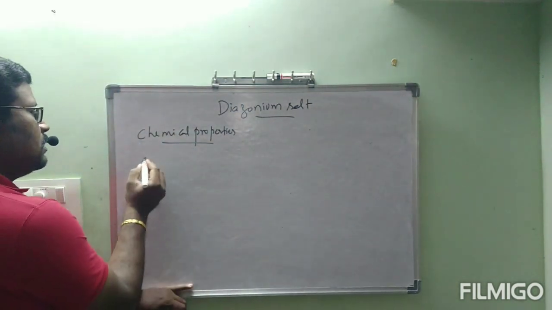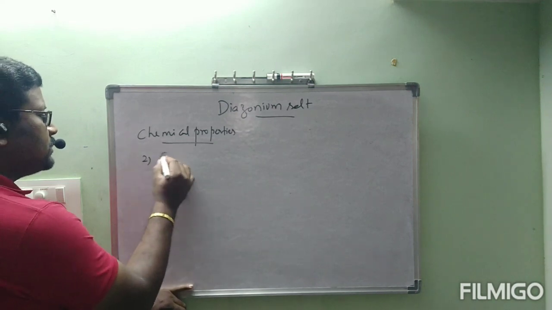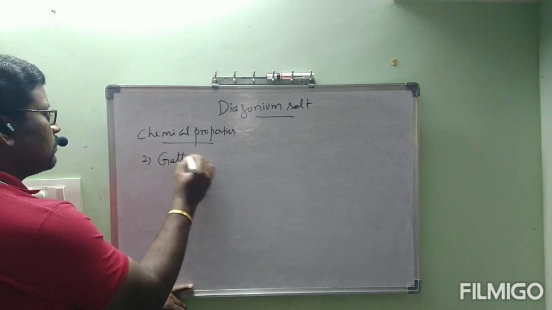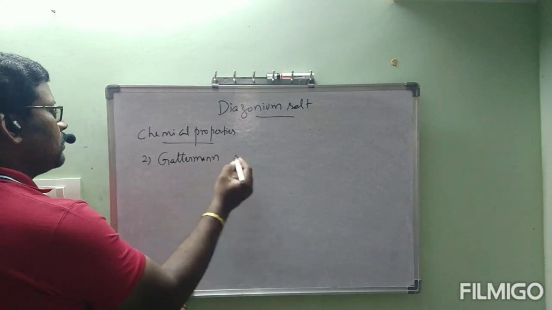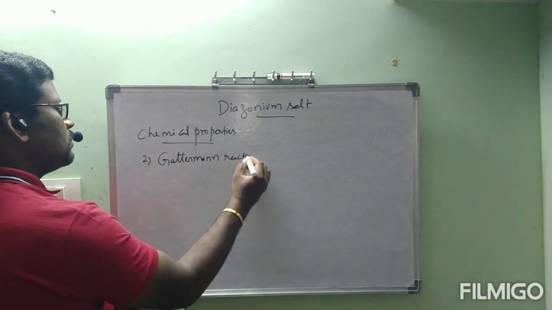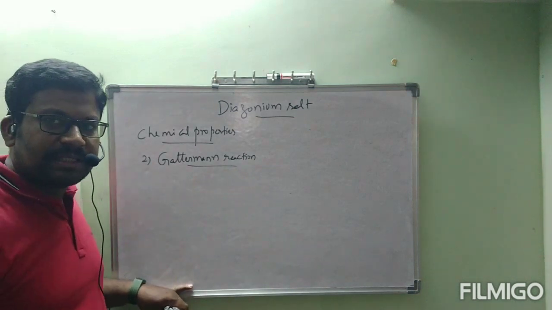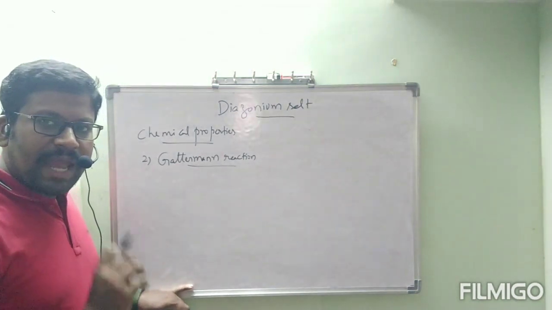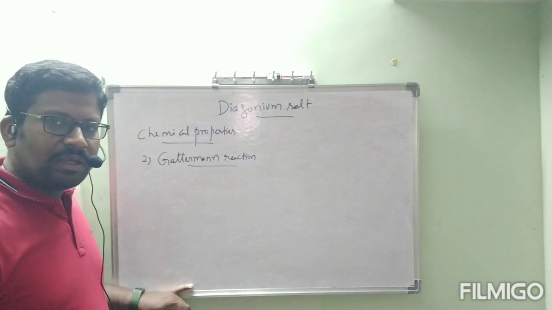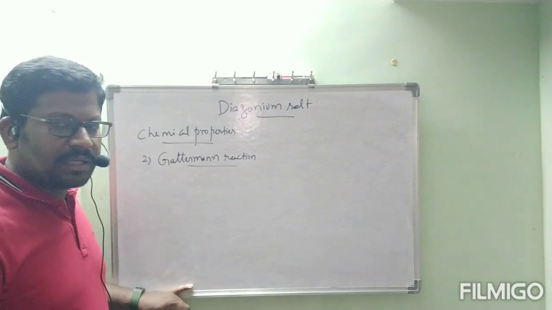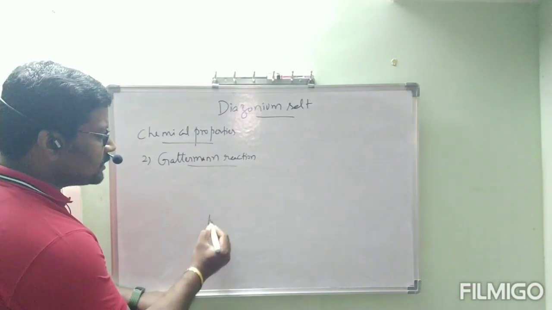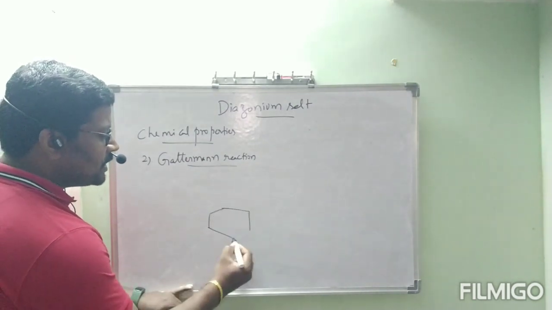Second one, Gattermann reaction. There is no difference between Sandmeyer's reaction and Gattermann reaction except the reagent. Reactants, products, everything is the same. Only a small difference in reagent is there. Let us consider the reactant benzene diazonium chloride.